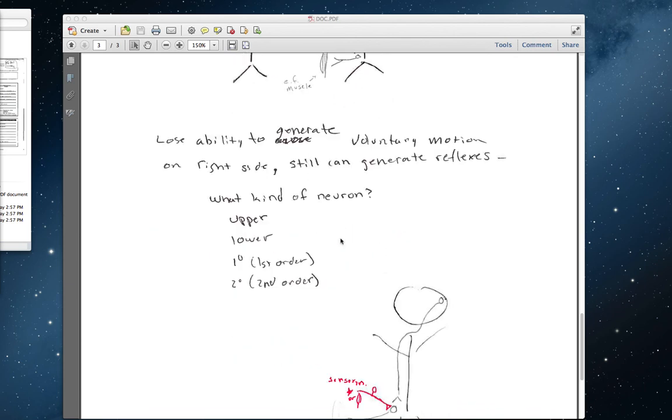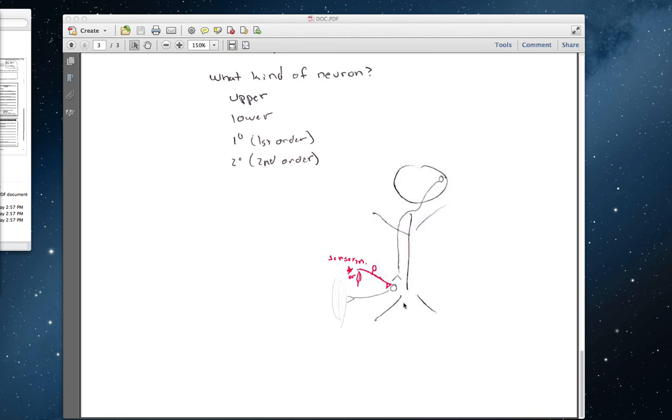In order to show that, I just wanted to draw a little picture down here illustrating how this could happen. Here's our upper motor neuron again, the corticospinal tract, that then projects down to our alpha motor neuron. Our alpha motor neuron is sitting here, and then it innervates the extrafusal muscle fiber. So, just redrawing what we saw above. The thing I wanted to show you was that this alpha motor neuron is shared by another kind of neuron.